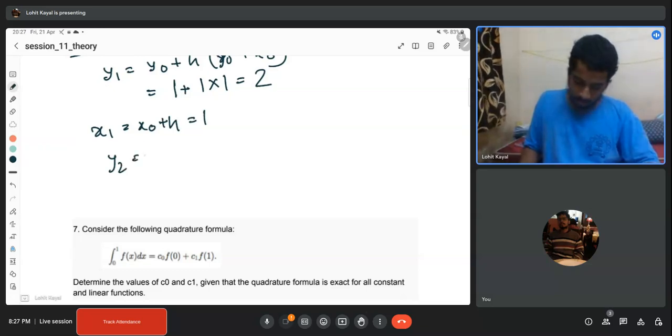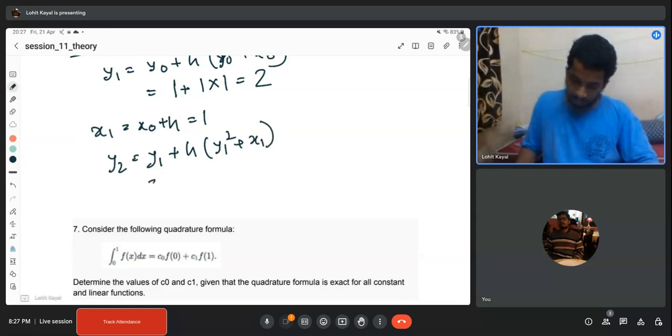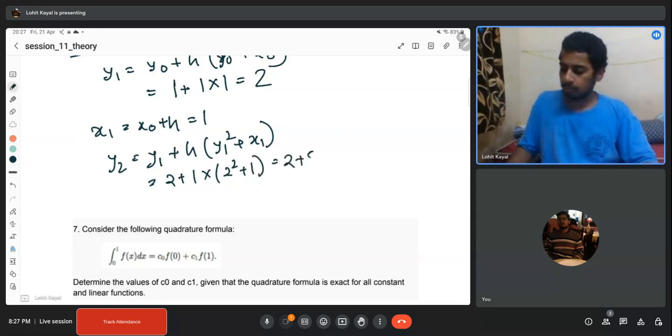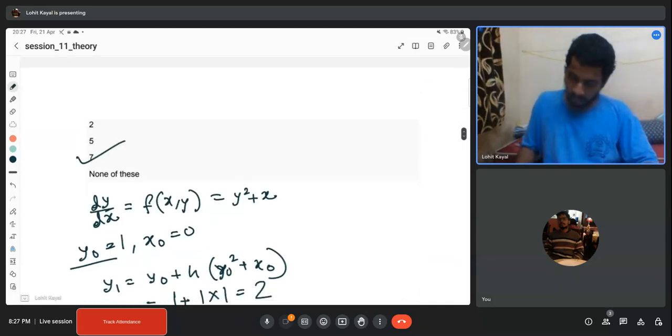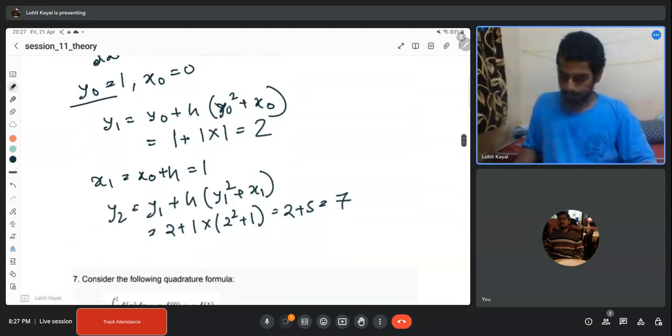So y2 will be y1 plus h times (y1 square plus x1). It will be 2 plus 1 into (2 square plus 1) equal to 2 plus 5 equal to 7. So this is the correct answer.